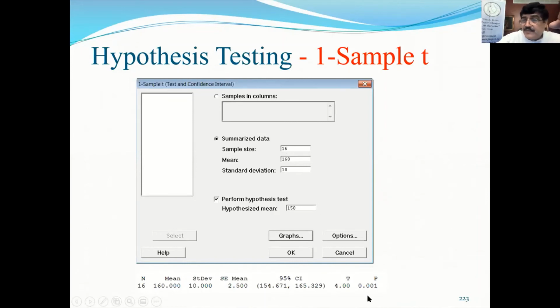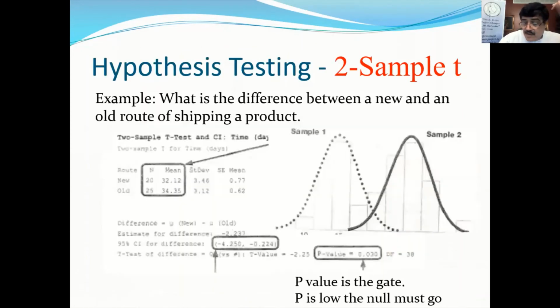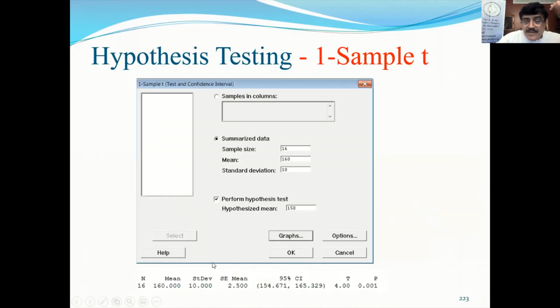As simple as this. It will tell you that's your standard error of the mean, 2.5, as we calculated it. And this is your 95% confidence interval, and your data should be between 154 and maybe 165. Okay, that's your confidence interval.